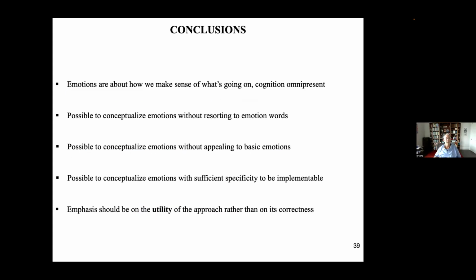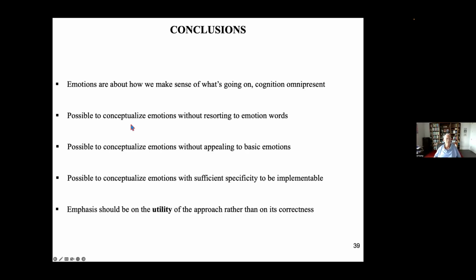So let me quickly sum up to say that emotions are about how we make sense of what's going on in our world, and this always is a cognitive process, so the cognition aspect of emotions is always present, even if other concomitants, such as facial expressions, may not be.